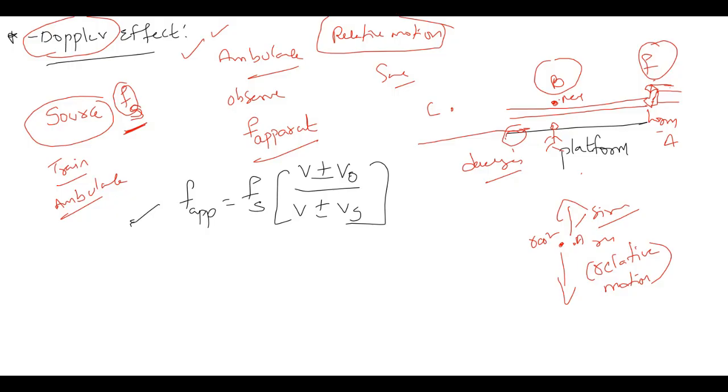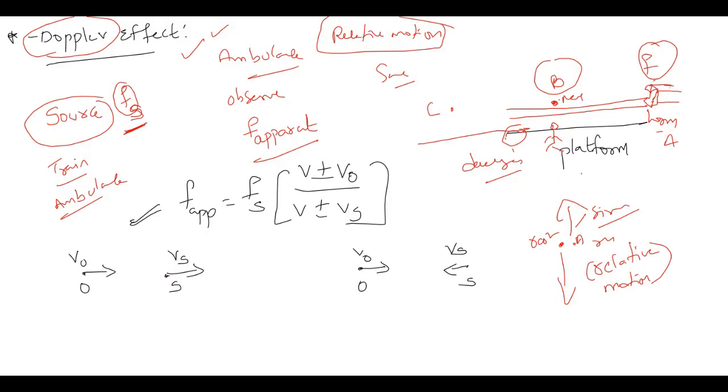Now see here. This is the observer, this is the source. The observer is going in this direction with velocity v0. The source is moving in this direction with vs. But listen carefully here.